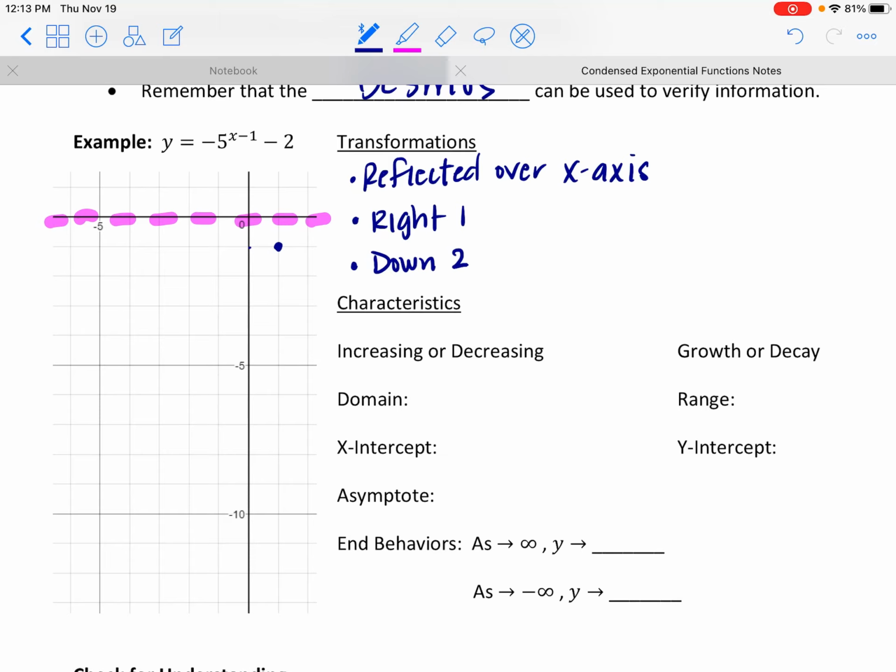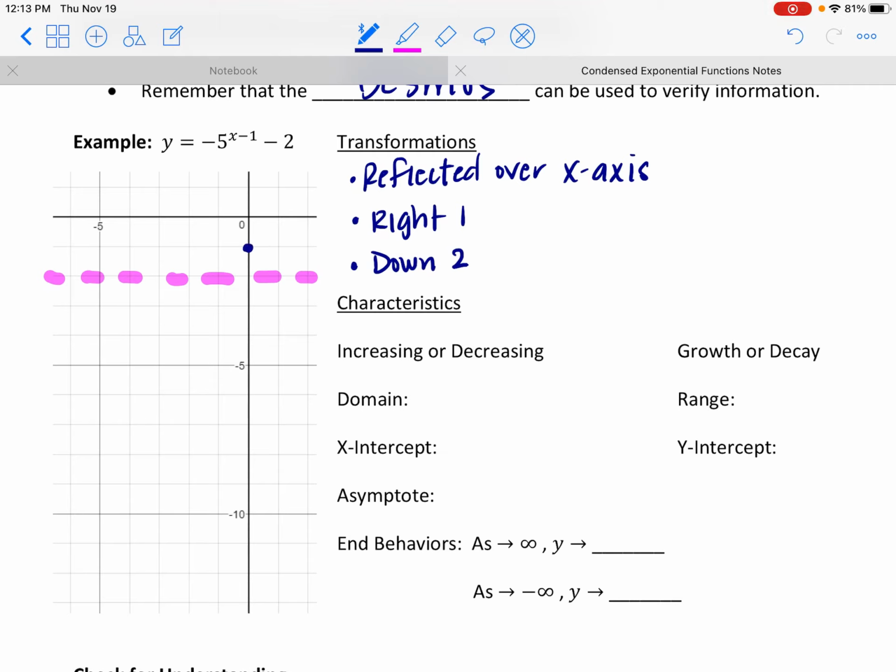And then everything's going to shift down 2. So now our horizontal asymptote has to move down 2, and this point has to move down 2. So if we shift all of that, instead of being at 0, we're down 2. So the horizontal asymptote's going to move to negative 2. And we had been crossing here, right?